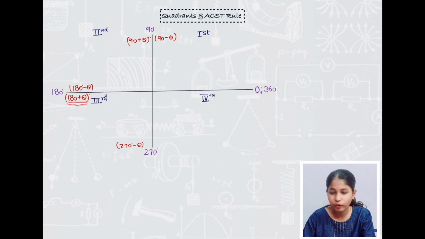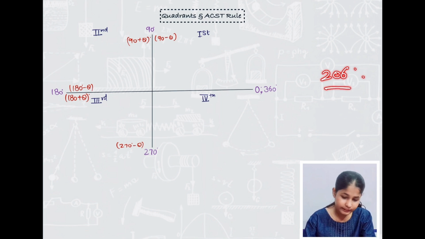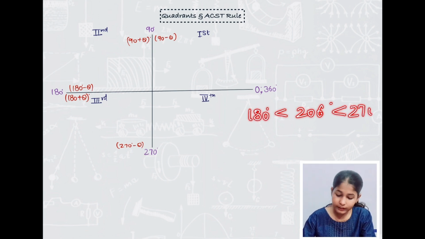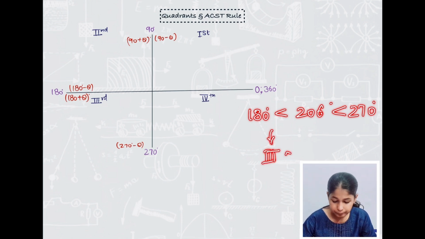For example, if I write 206 degree, it will lie in the third quadrant. Why? Because it is greater than 180 degree but smaller than 270 degree, and that's why it will lie in our third quadrant.